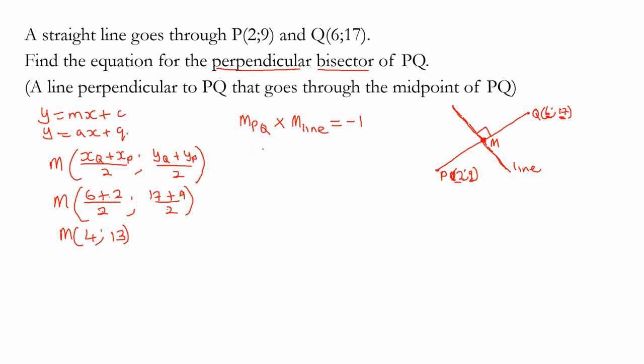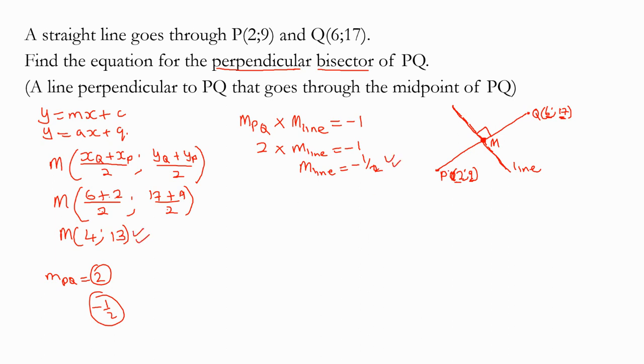So 2 times m is equal to -1, and the gradient of the line is going to be -1/2. The gradient of PQ is 2, so the negative reciprocal of 2 is negative 1 over 2. That is enough.